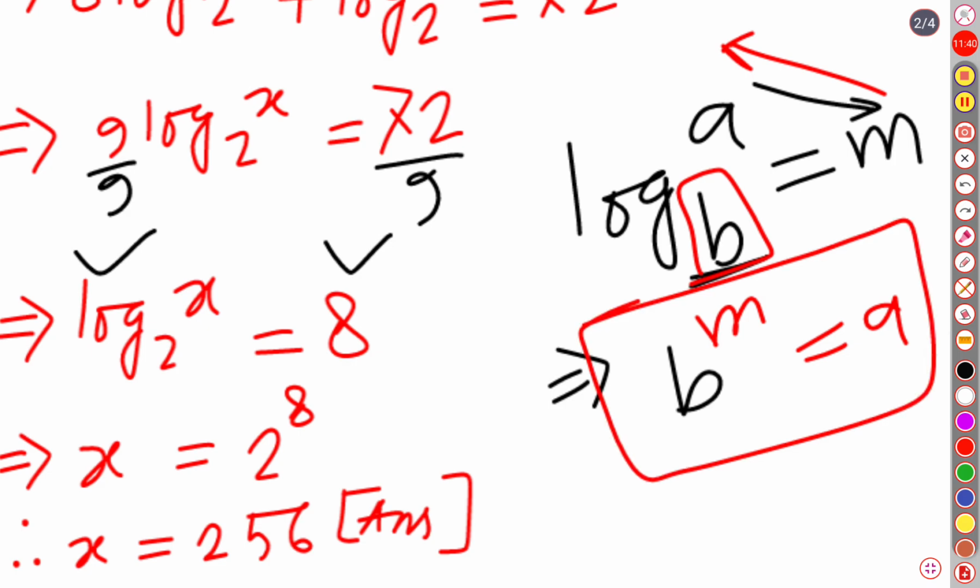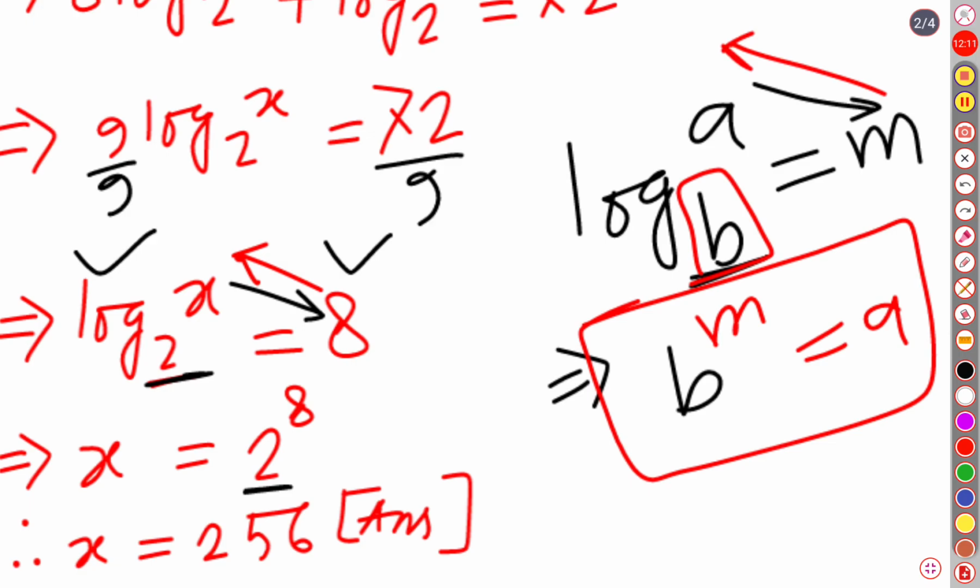Once again I am repeating, look at this: the base should not be changed. Our base is 2. Then x and 8, one is the argument and the other is a number on the other side, so they will interchange. Instead of the argument, it is going to be the number, and the number has been converted to the argument.